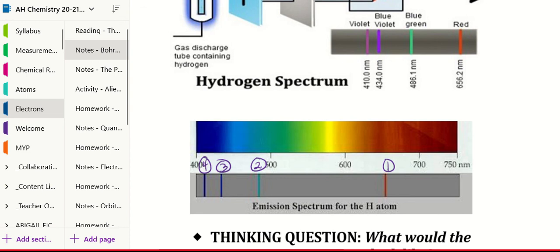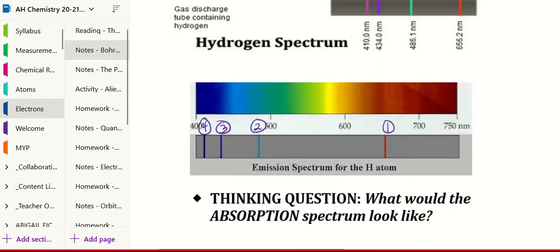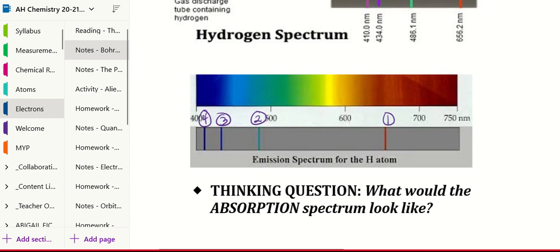What would the absorption spectrum look like? The opposite way. Okay. Are we going to see these distinct lines still?